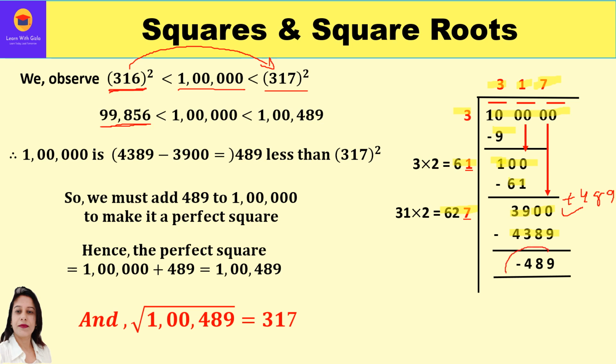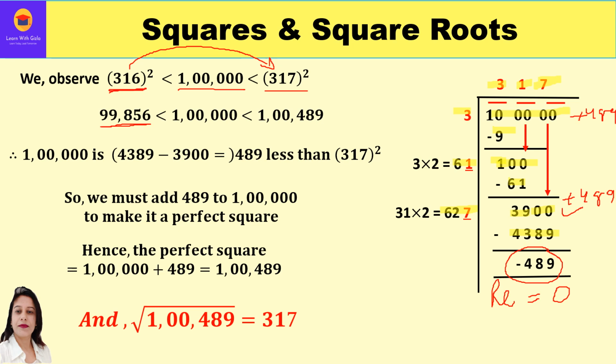Then we would not have got this number 489, which is something we are falling short of. Had 489 been added to 1 lakh, then over here instead of 3900 we should have got 4389, and in that case the remainder would have been 0, right? So that means we are falling short of 489.